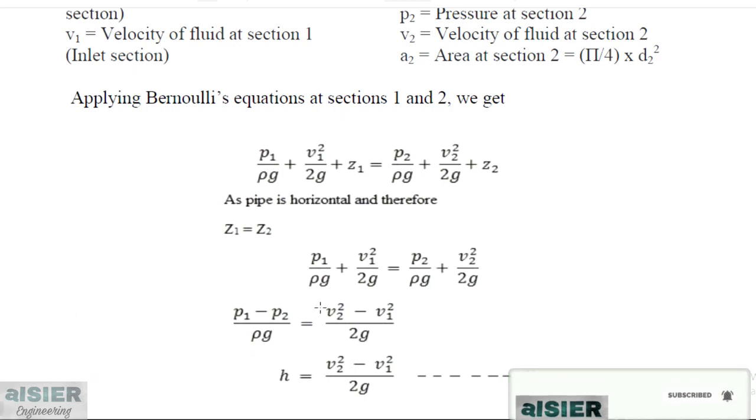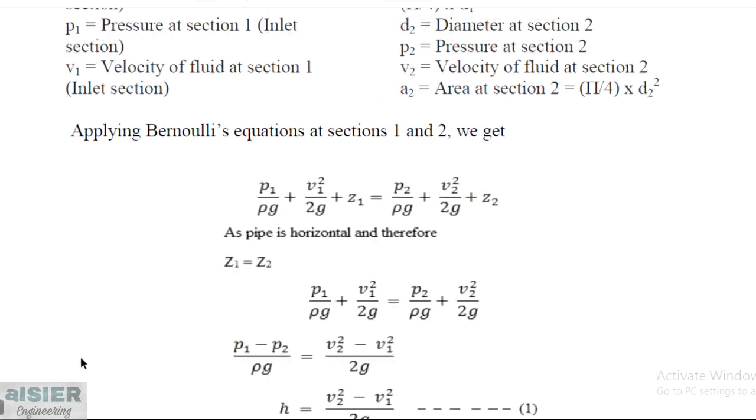Now you can simplify it as P1 minus P2 upon rho g is equal to V2 square minus V1 square upon 2g. Now this particular term, P1 minus P2 upon rho g, is nothing but the difference in the pressure head at section 1 and 2.